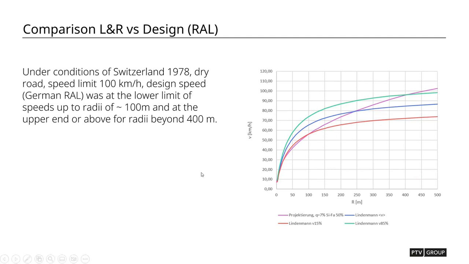And therefore, possibly at low speeds and narrow curves, people go beyond design speeds, and when they reach 100 kilometers per hour, they accept the safety factors which are suggested by the road designers.